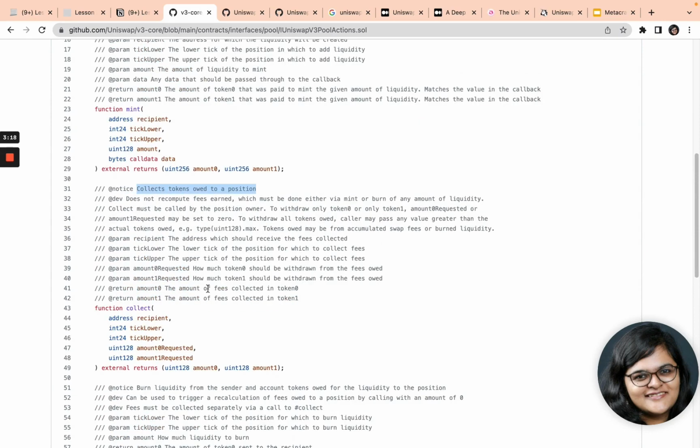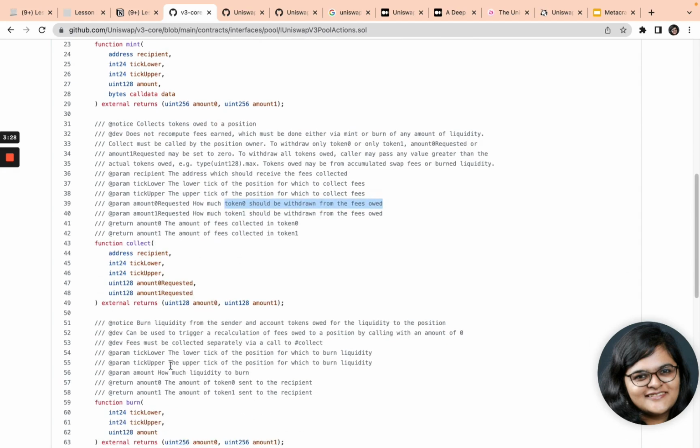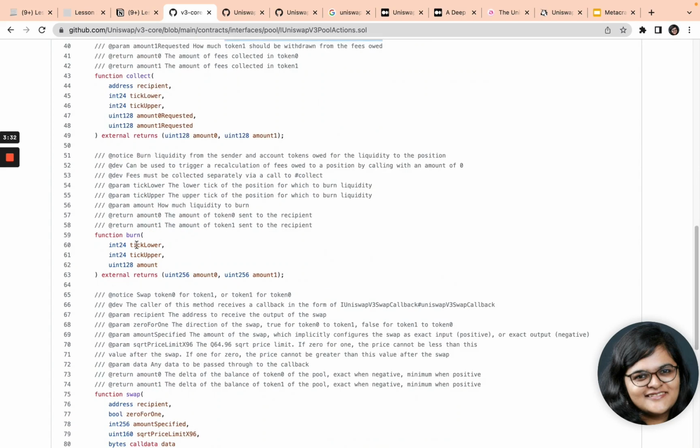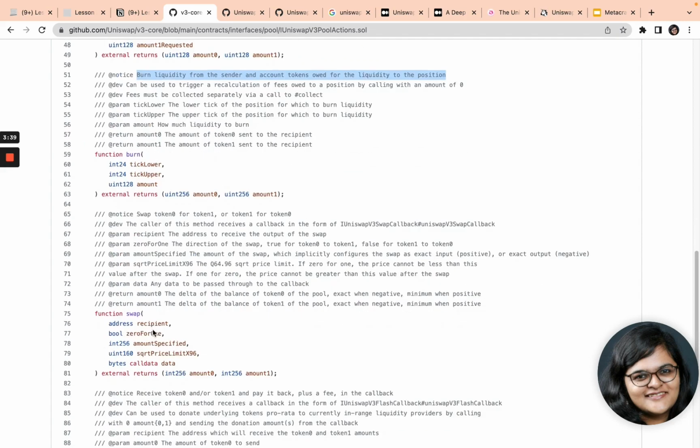That is when you are going to get the individual tokens, that is token 0, token 1, each of the individual tokens that you've given as part of the liquidity. And then there is burn, where you can burn the liquidity from the sender and account tokens owed for the liquidity to the position.